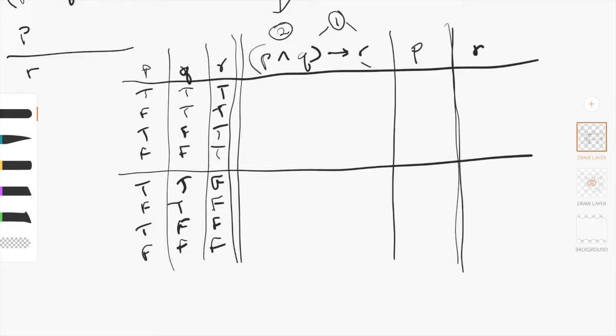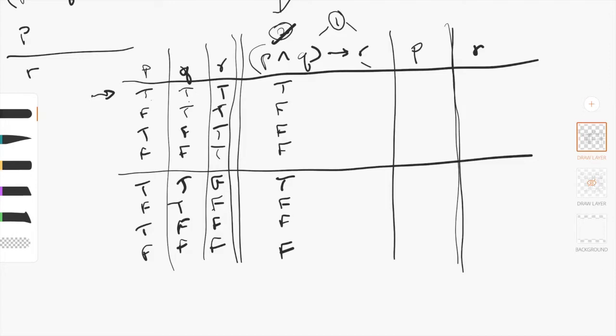So that's P and Q. Again, drawing the input values from the input columns, but we go one row at a time. We'll have true and true makes true, false and true is false, true and false is false, false and false is false, true and true is true, false and true is false, true and false is false, and finally false and false is false. So that takes care of our level 2 operator.